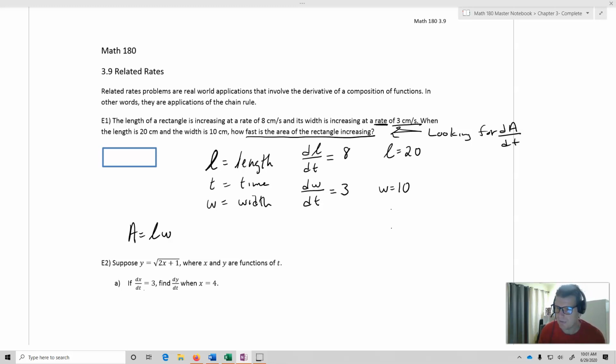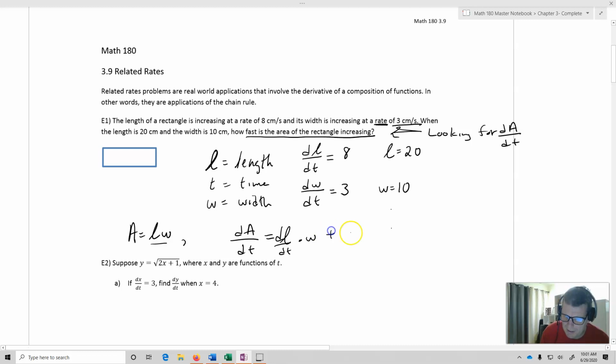So we can actually use implicit differentiation here. dA/dt is going to equal, using the product rule, dL/dt times W plus dW/dt times L. Then all I need to do is plug in my values. dA/dt is going to equal 8 times 10 plus 3 times 20.